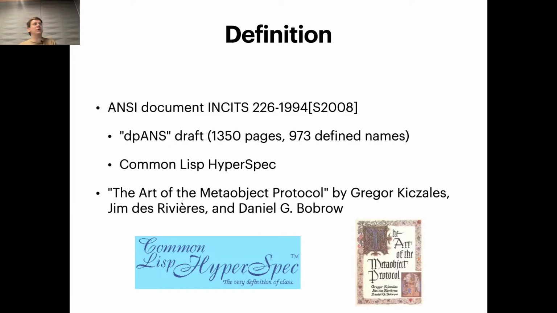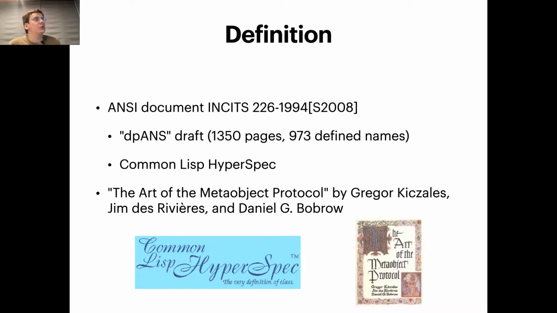Instead, we have the draft version of the standard, which is pretty much identical to the final version, and it's available online. And there's also the Common Lisp HyperSpec, which is a hyperlinked web version of the specification that is proprietary but available for free for anyone to use, and it's the primary reference for most people.